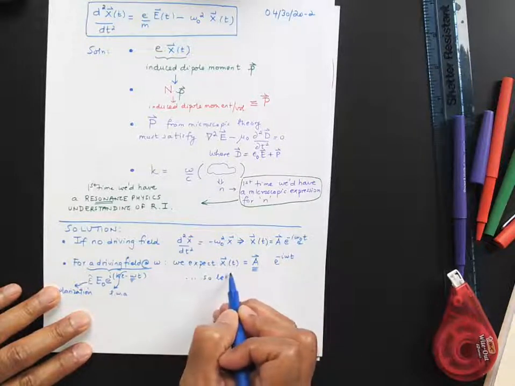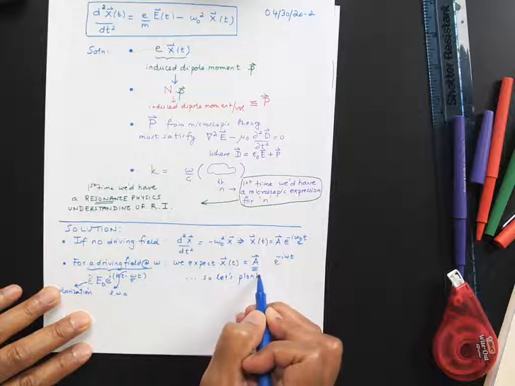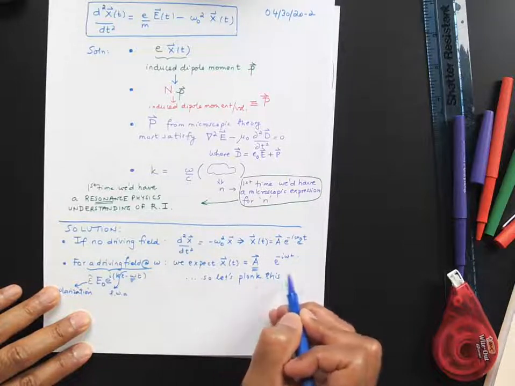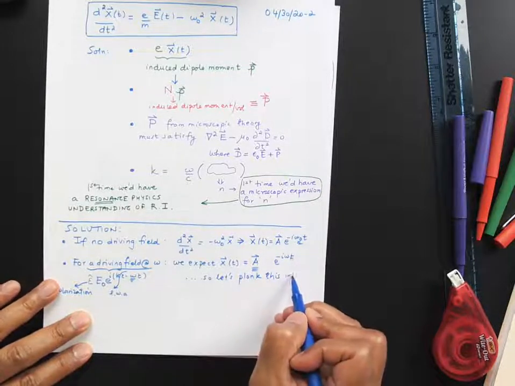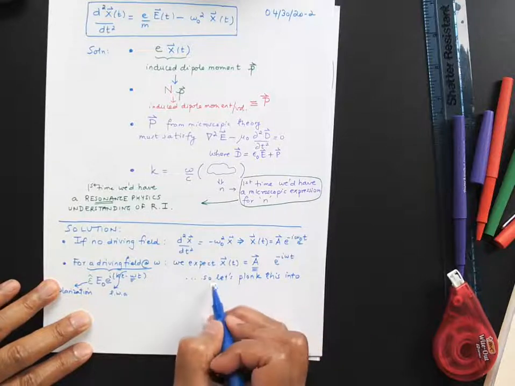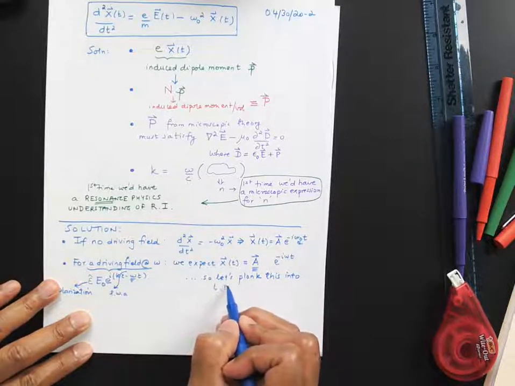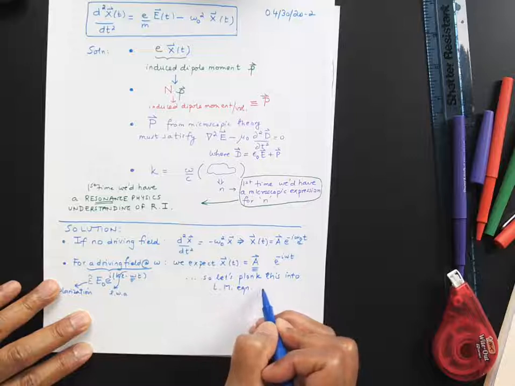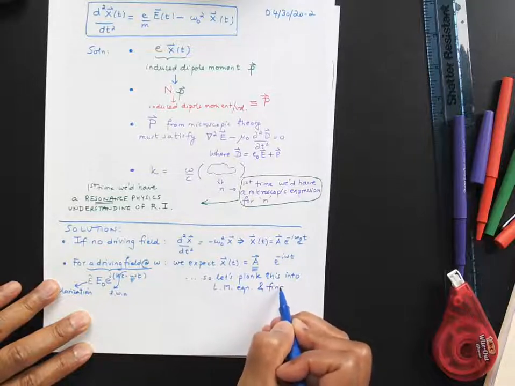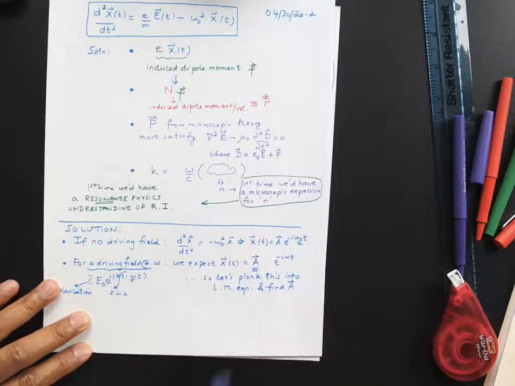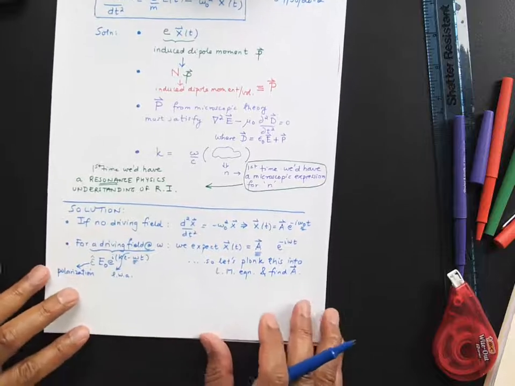So let's plonk this expected solution into the Lorentz model equation and find A. Okay, so let's do it.